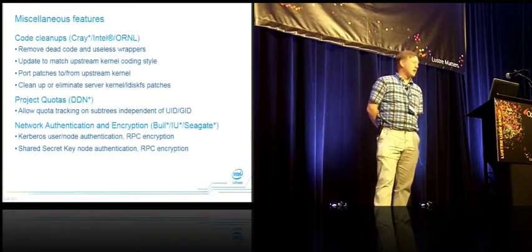And project quotas is something DDN is working on, and they're currently fighting the good fight with the upstream Linux developers to get project quotas into ext4. Once that's done and we've finalized all of the disk formats, we'll have that in Lustre as well.